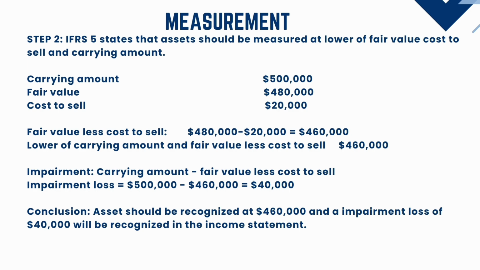So what do we have as our impairment loss? $500,000 minus $460,000 will result to $40,000. So our conclusion: the asset should be recognized at $460,000 and an impairment loss of $40,000 will be recognized in our income statement as an expense.